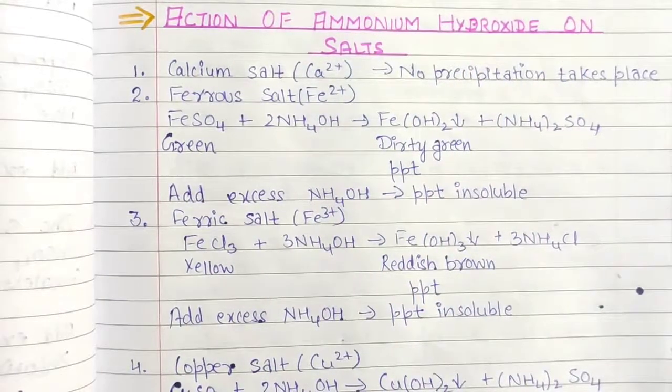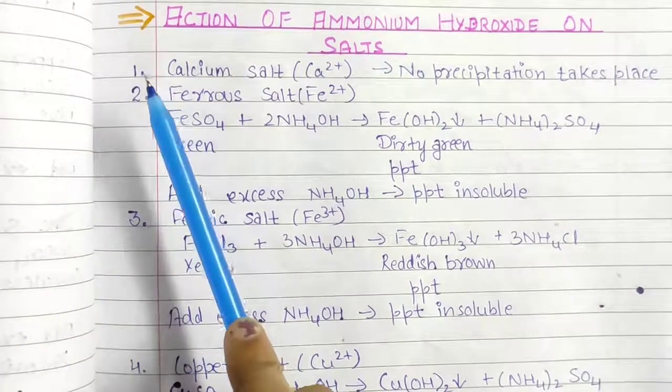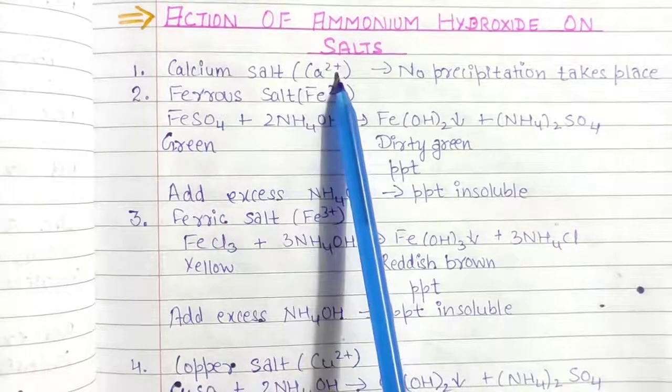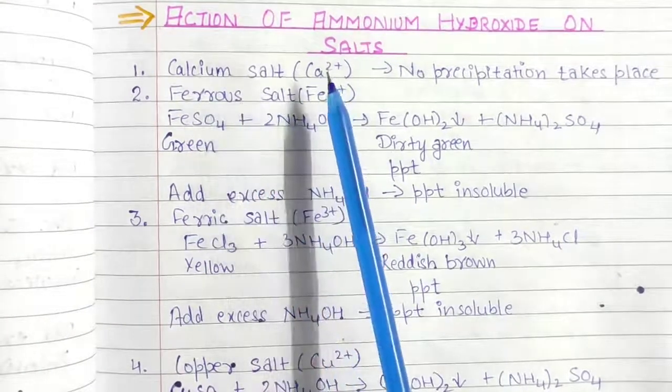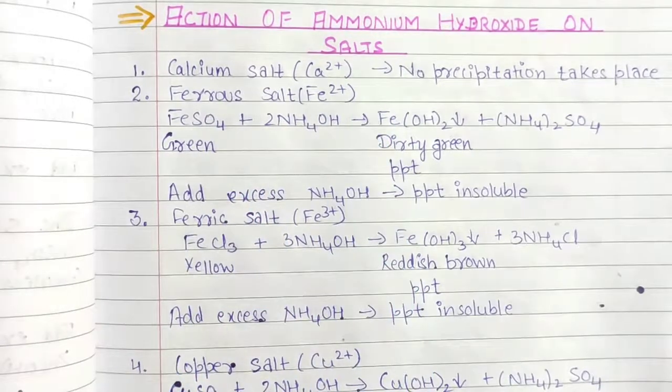Now we will study what will happen when ammonium hydroxide reacts with certain metal salts. Number 1 is a calcium salt, Ca2+. It will not form any precipitate or any reaction with ammonium hydroxide.